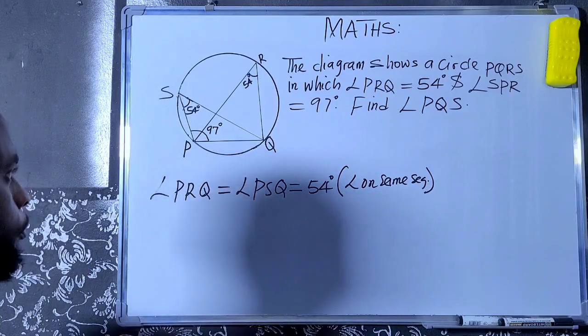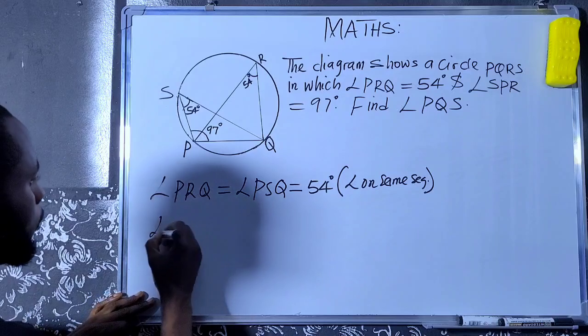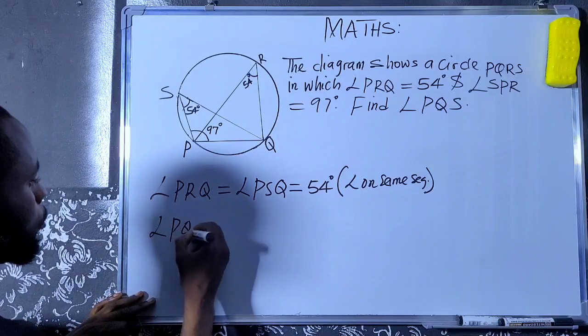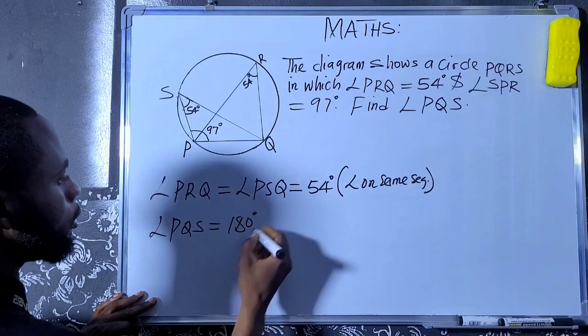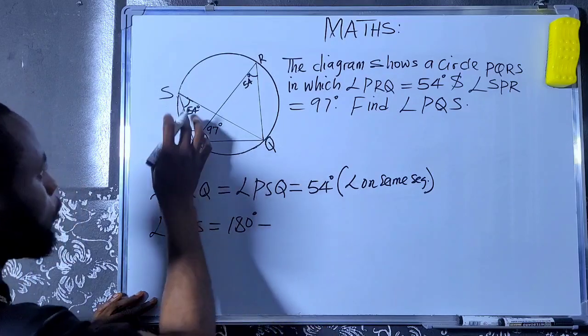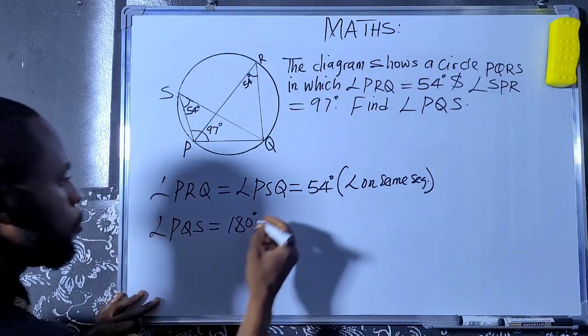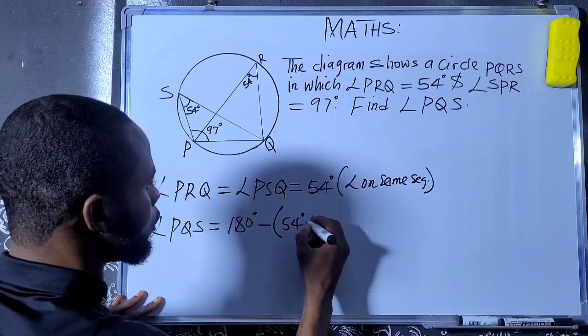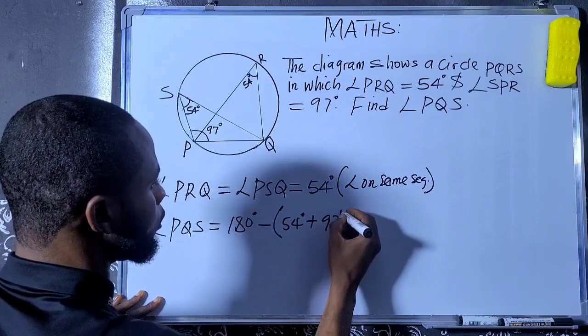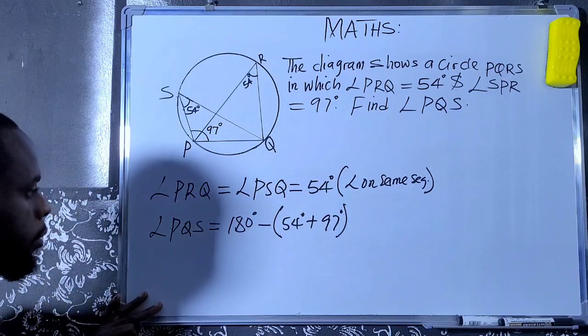Then as such, angle PQS equals 180 degrees minus the sum of the two angles, which is 54 degrees plus 97 degrees.